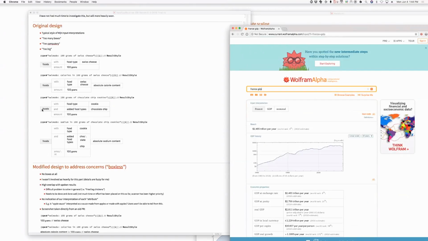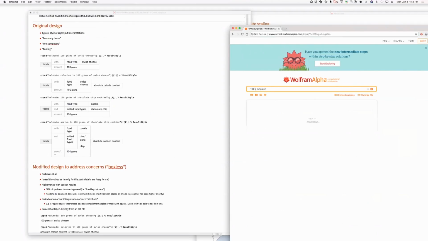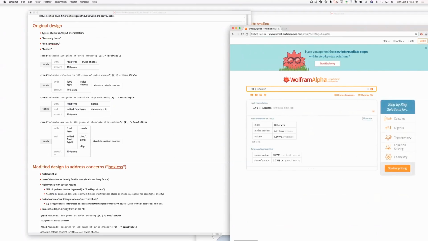Mm-hmm. And I wonder what it would look like if we highlighted, maybe perhaps this is wrong. We're certainly not highlighting 100 grams in usual cases. 100 grams, tungsten. Let's just see what that does. I see that just as doing that.